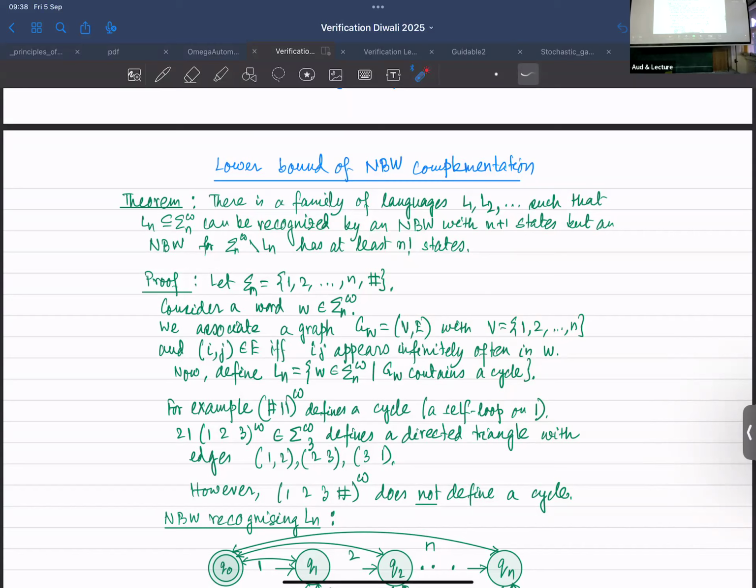If you recall, in the case of automata over finite words, you have a blow up of 2 raised to n instead of 2 raised to n log n. Here we are going to say that you are going to get something which is more than 2 raised to n. So that 2 raised to n log n is something we cannot really avoid.